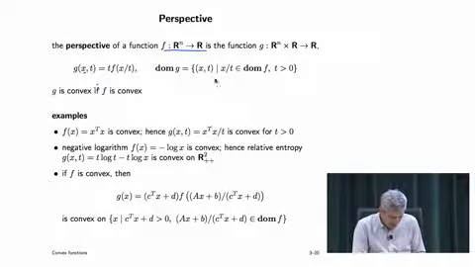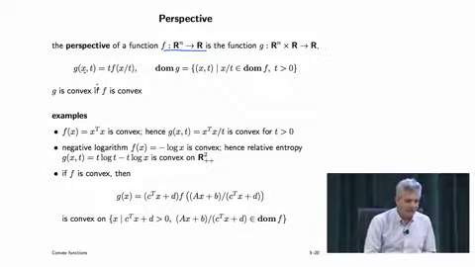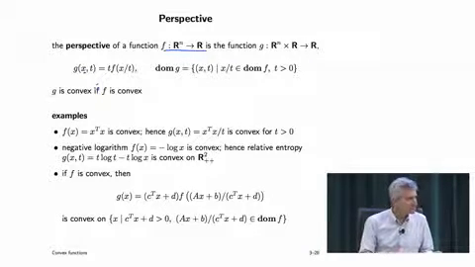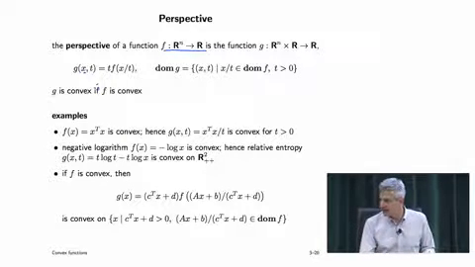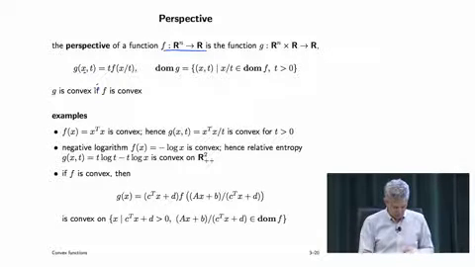The domain is the set of points where t is positive and x/t is in the domain of f. And it turns out this is jointly convex in x and t. By the way, in terms of epigraphs, it's the projective transformation on the epigraph, and that gives you this.